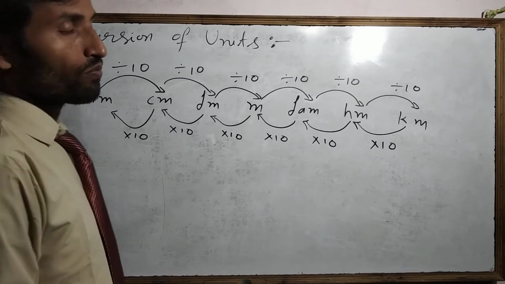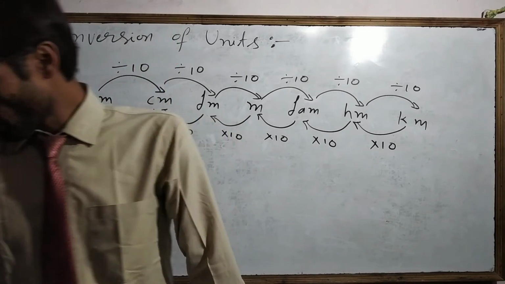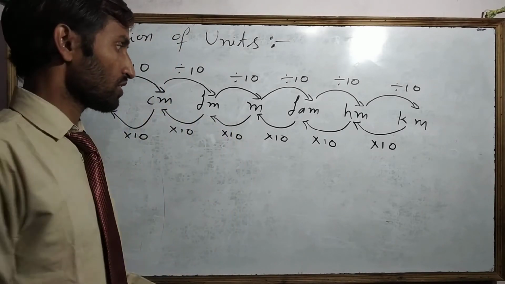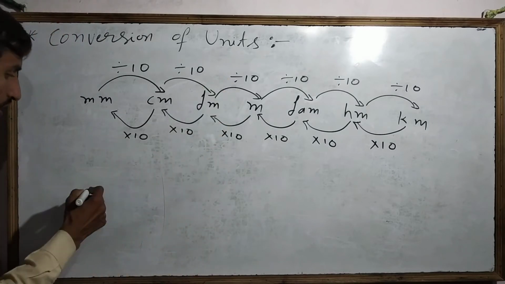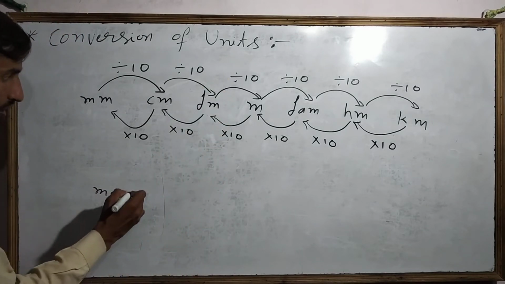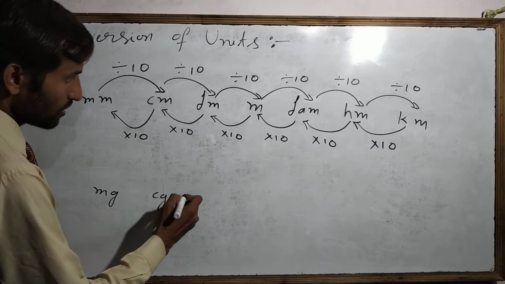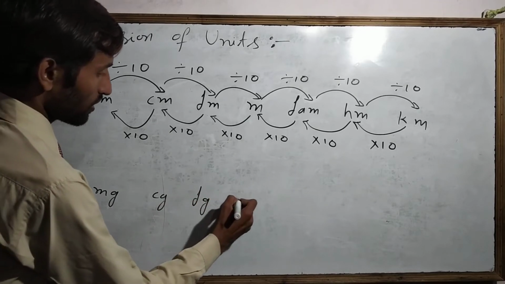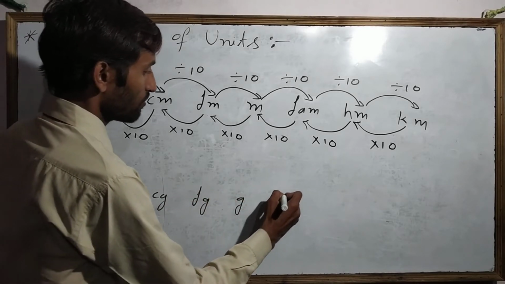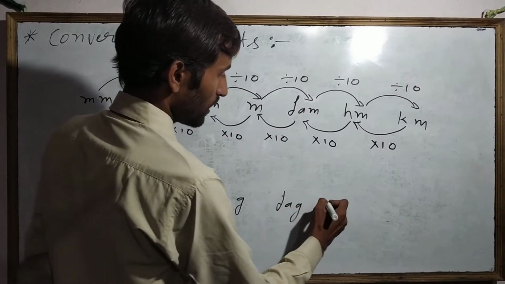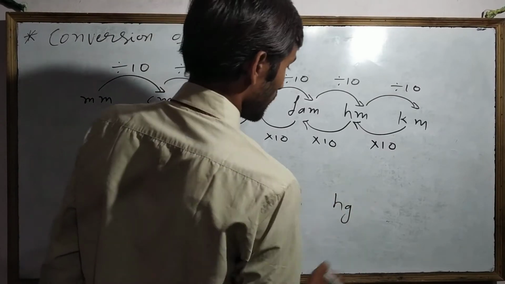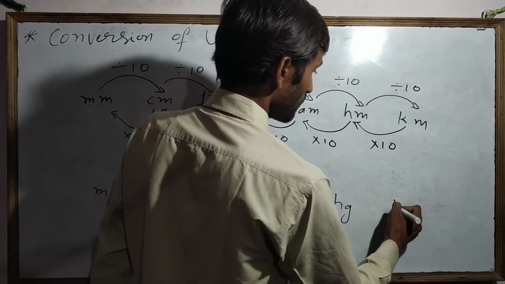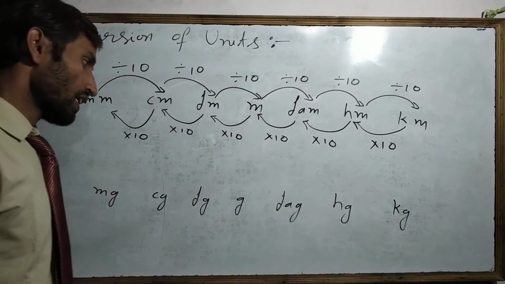The same process you have to apply for kilogram and gram, which means mass. I will write the same thing here also: mg means milligram, centigram cg, decigram dg and gram g, decagram, then hg means hectogram, then kilogram kg. Again the same process.